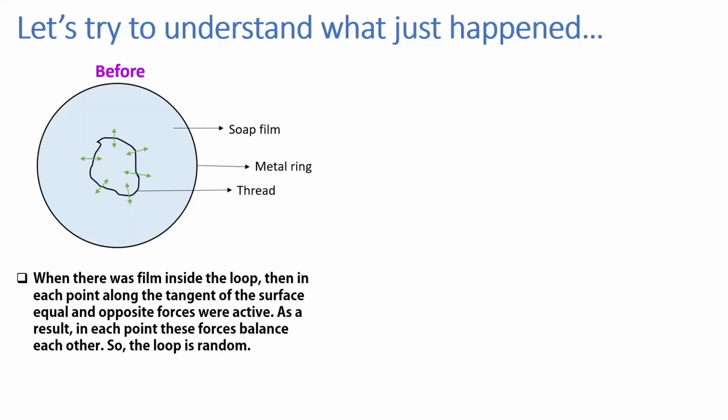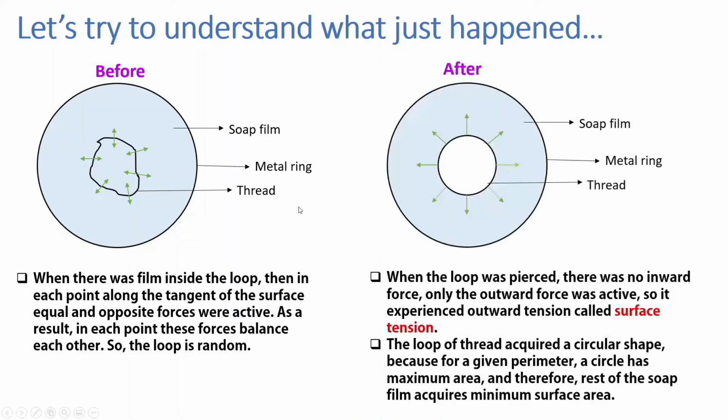So the loop remains as it is, that is in a random shape. Now when you break the soap film, over here we have air and here we have the soap film. Now this loop is experiencing only outward force from the soap film and there is no net inward force. Thus the net force is only outwards, and this outward tension on the thread is surface tension.